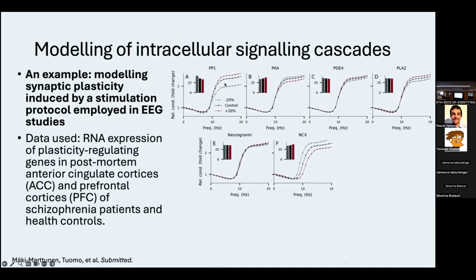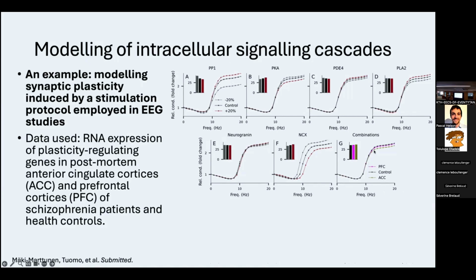So here we first did a theoretical study that if we just change the initial concentration of any of these proteins by plus minus 20, we get either large or small effects in the plasticity outcome. Here we then did a combination where the alteration of each of these proteins was directly taken from this RNA expression data.